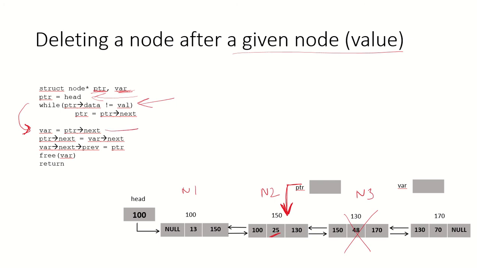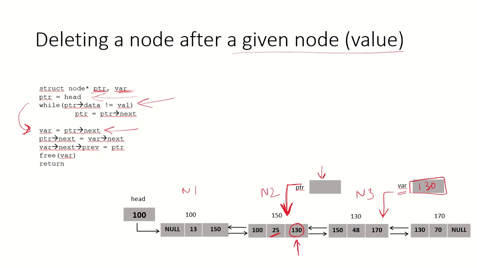We are initializing another variable var, which is being initialized to PTR arrow next. PTR arrow next is 130. That means this var variable is going to point to the next node which is being pointed to by PTR. And this is the node which is being pointed to by var, which has to be deleted. So what are the changes that are required?